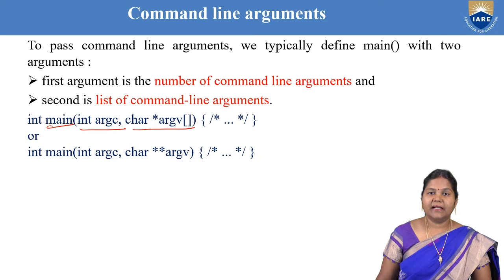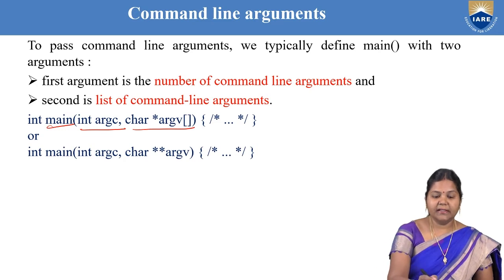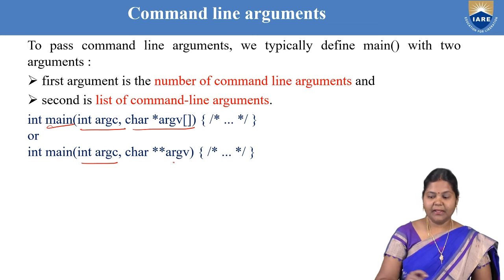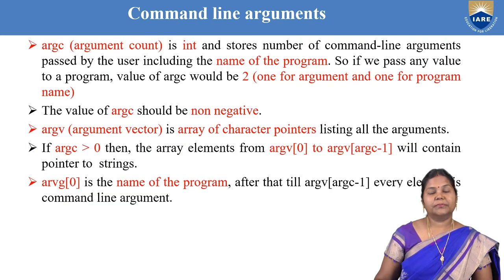Now, rc contains how many arguments you have passed. It is just a count, integer counter. Okay. So, you can either write int rc character star rb vector. Otherwise, you can also write using double pointer int rc character double star rb. Okay. Now, let us see what do you mean by rc and what is rb.